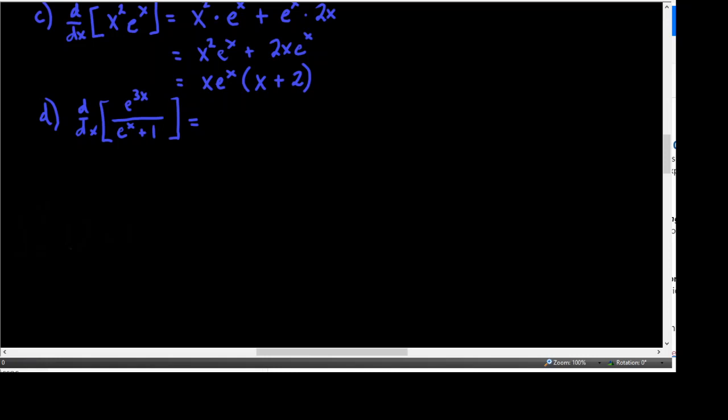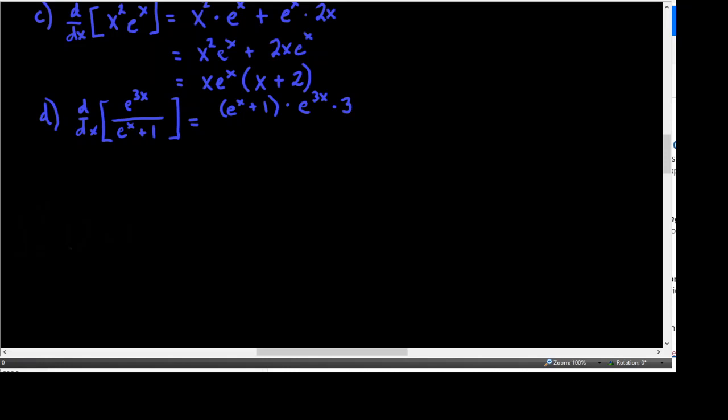So the quotient rule says low d high, the derivative of e to the 3x, coolest function ever, is itself e to the 3x times the derivative of the exponent, which is the inside function because of the chain rule, times 3.